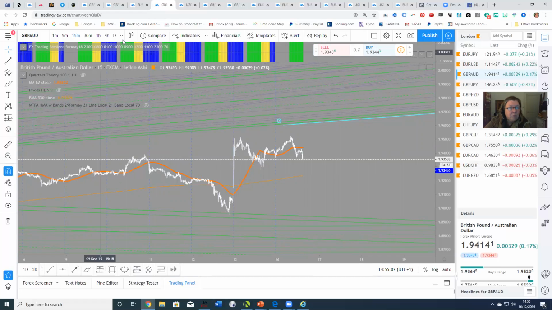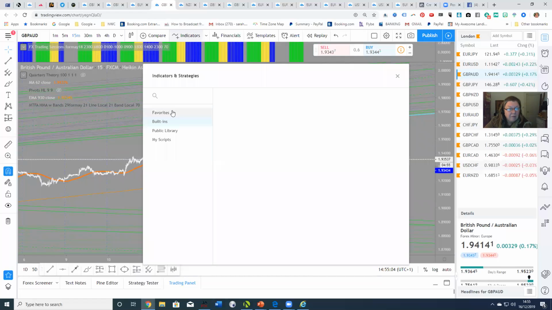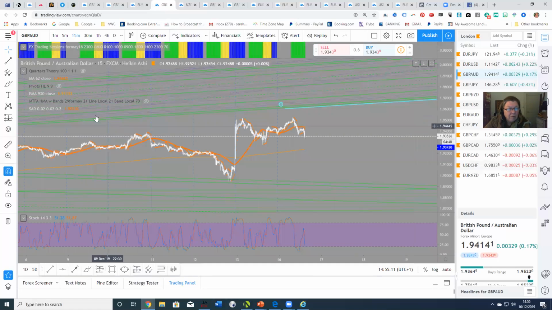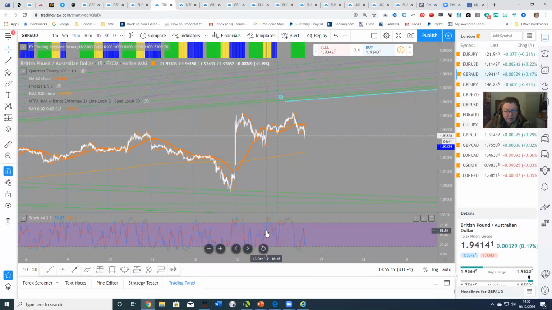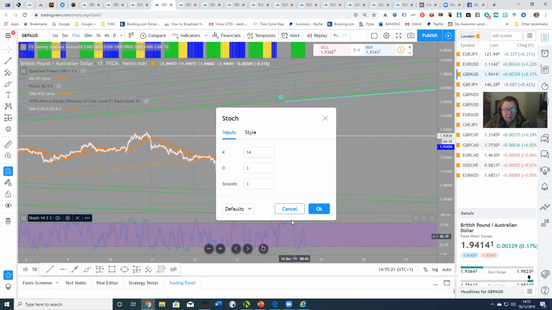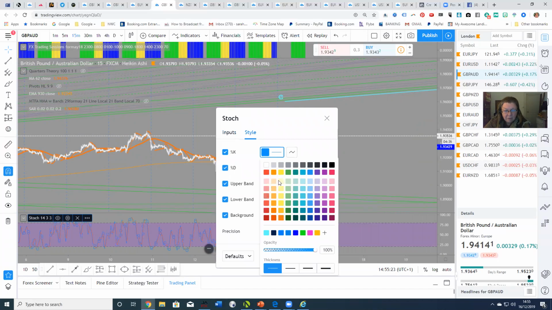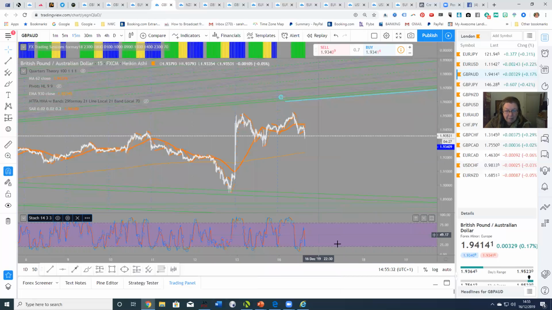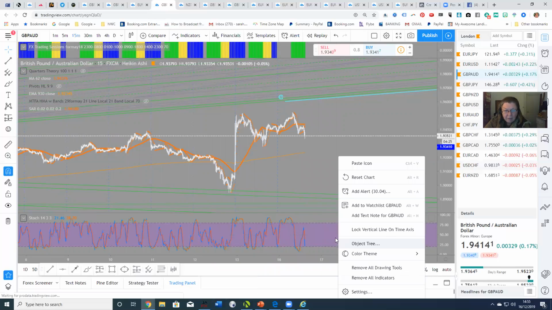Indicators, we all have our favourites, and the SARs, that's on. So I'm on the 15-minute. I just need to get those set up so you can see them. There. And normally I fade that out a bit.